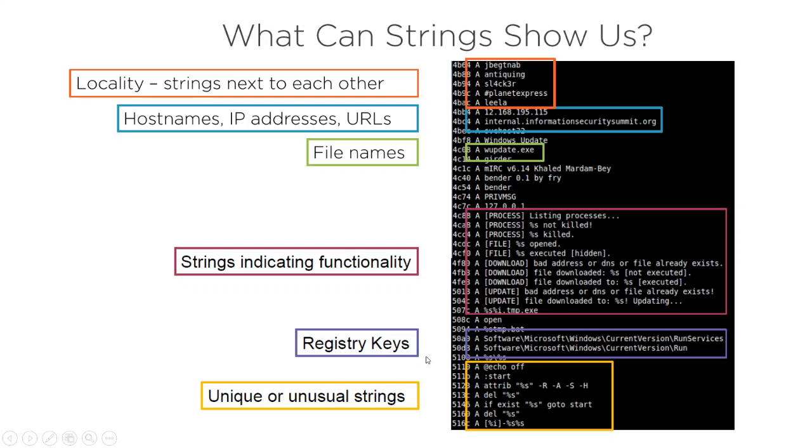And the registry key is very important. As I said earlier at the start of this course, the registry key acts as the heart of your OS. The keys Run, Services are usually present in most malicious files, right? Software, Microsoft, Windows, CurrentVersion, RunServices, CurrentVersion, Run.